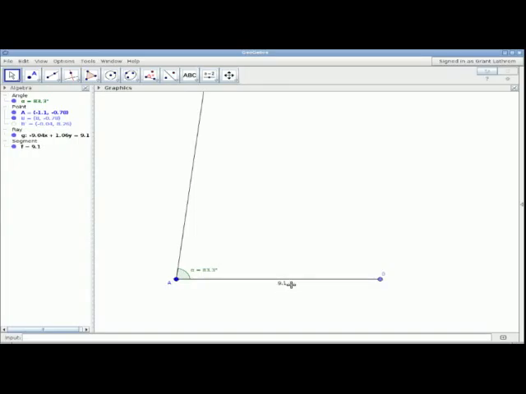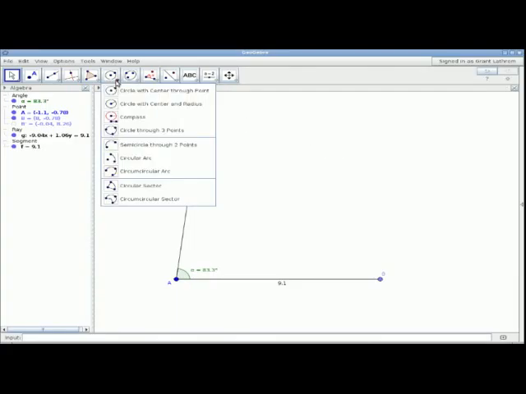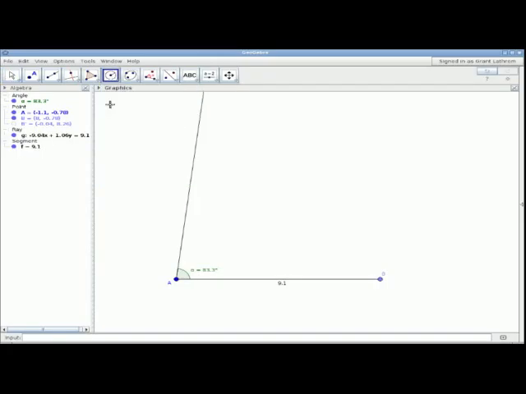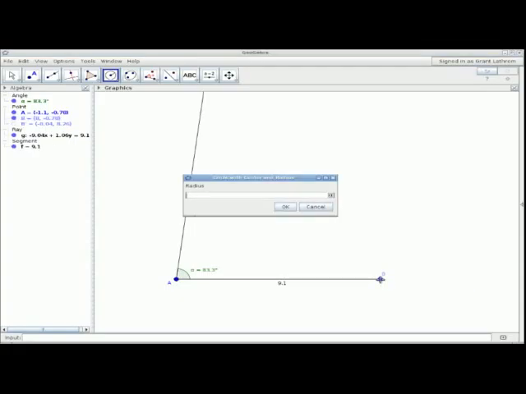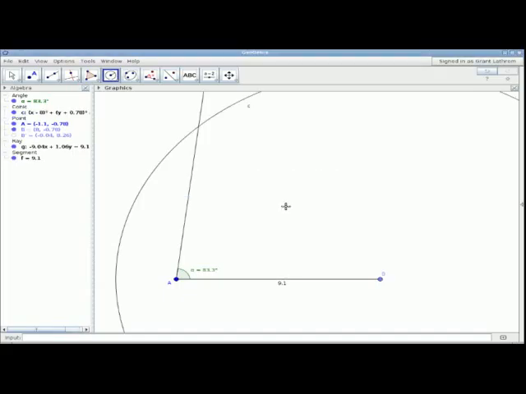And then the side opposite that angle, my side A, has to have length 11.8. So what I'm going to do is draw a circle with a given center and radius. I'm going to put the center of my circle at the other vertex, and I want the radius of that circle to be 11.8.